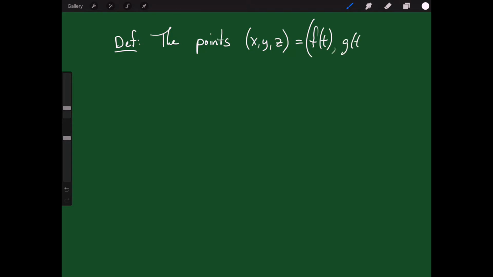So now I'd like to go over a few definitions. First definition: the points x, y, z, which are equal to, I guess you could call it, f of t, g of t, h of t.